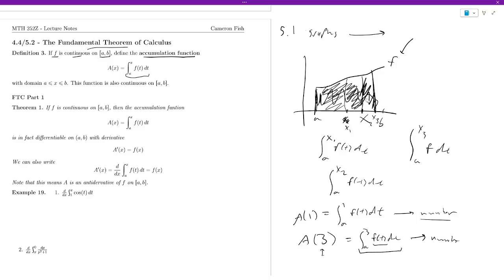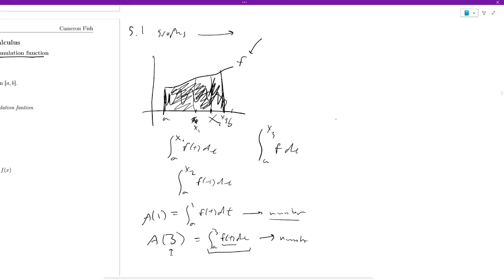This A is not like there's only one A in the world. If I had a different little f that I started with, then I could build a different A, right? I could have multiple graphs. I could have one function which does this, I would call that f, and then I have some other function which does this, call that g. I could make an accumulation function for f, and I could make an accumulation function for g.